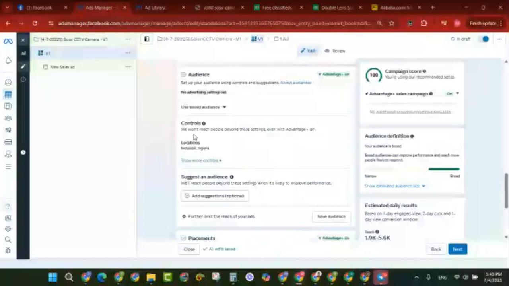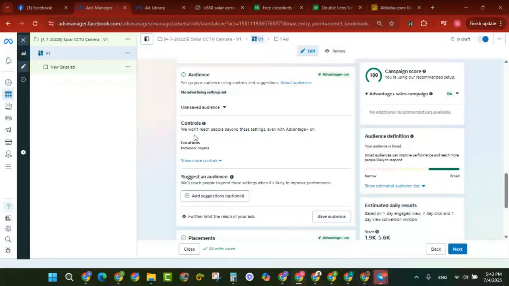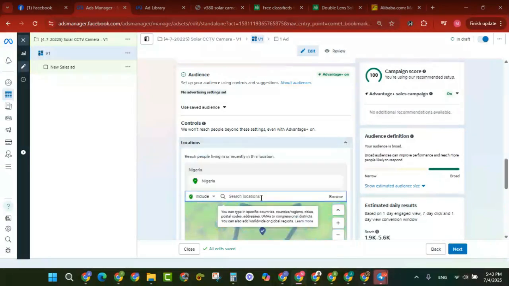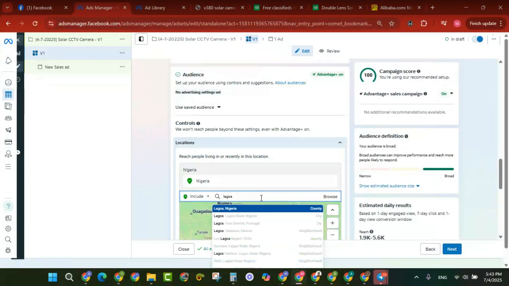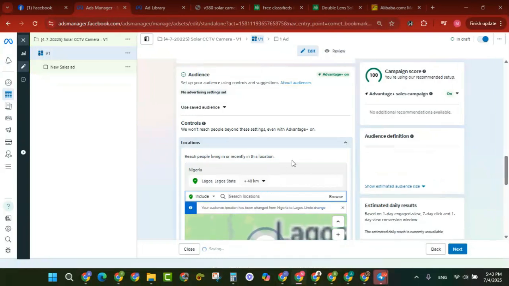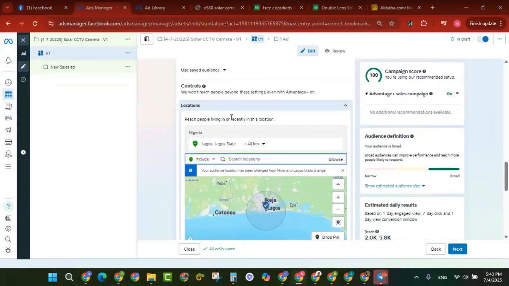That button allowed us to target people who are living in a particular location alone. If I want to target people who are living in Lagos, I will just come here, click on this place, and write Lagos. I'm going to choose Lagos State, and this one that says city there. I'm going to choose that one, so that now there's going to be a button.